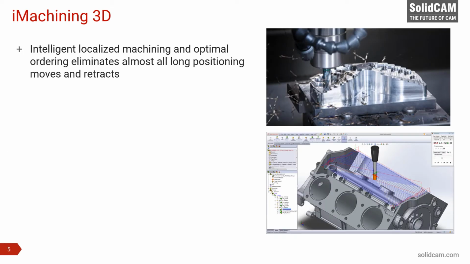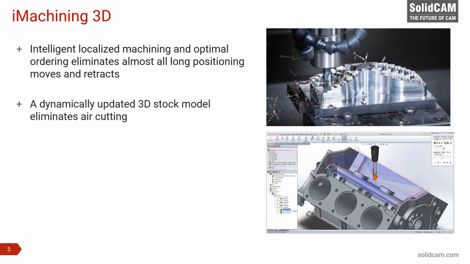We also do intelligent localized machining and optimal ordering that eliminates almost all long position moves and retracts, which means that we do scallop removals not on the entire part but based on where they are located, and we also avoid long positional moves. That means we don't retract to the plane every time when we have to move from point A to point B. If there are two extreme ends of the part, we just connect them from outside the part on the same plane.